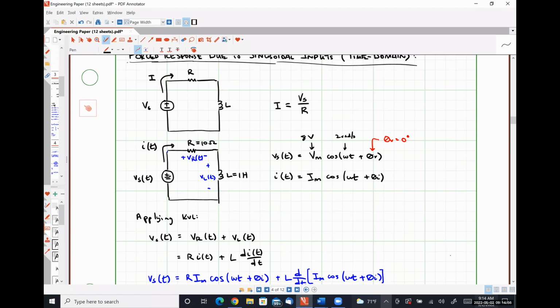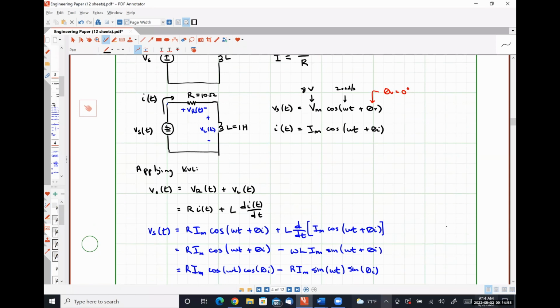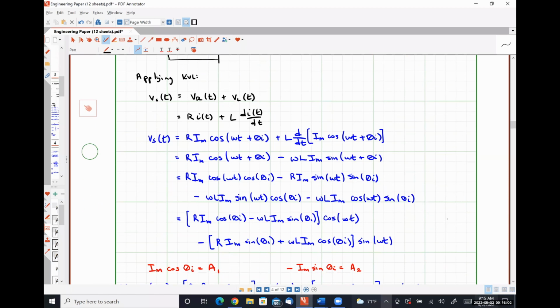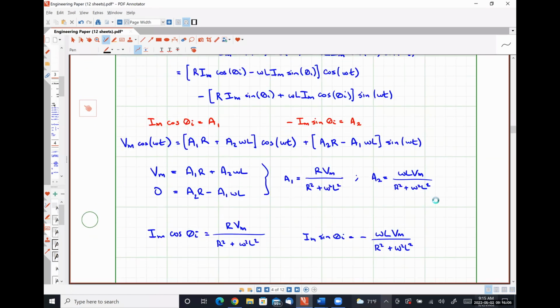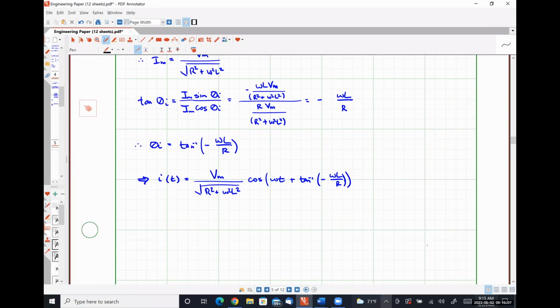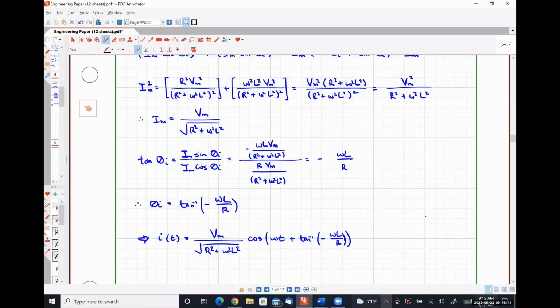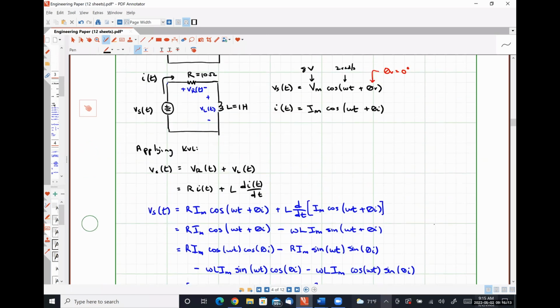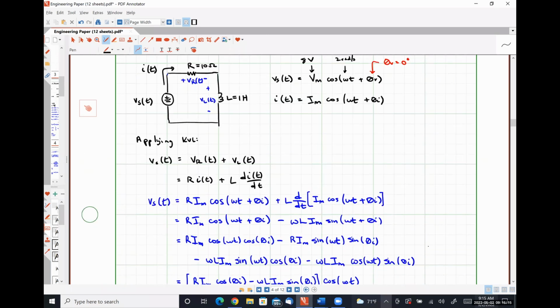So using these numbers, we have 8 over the square root of r squared, so that's 10 squared, plus omega squared, so that's 2 squared, times L squared.